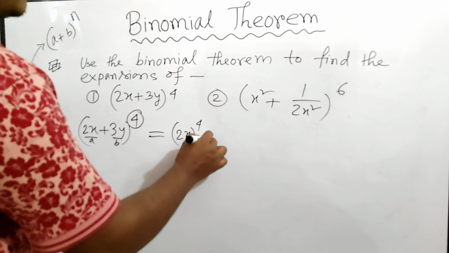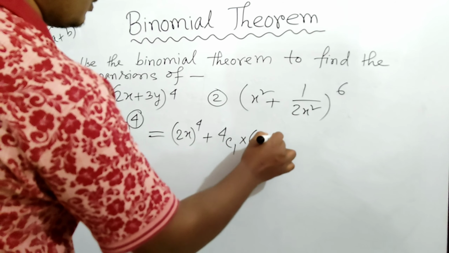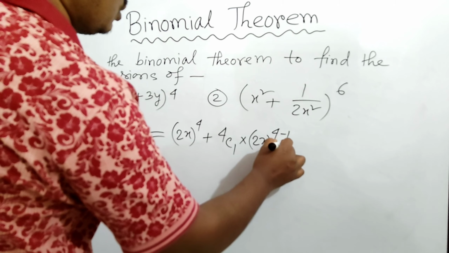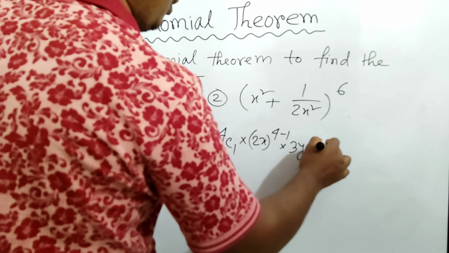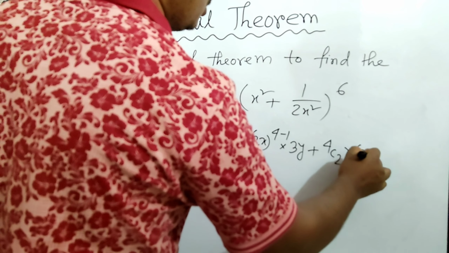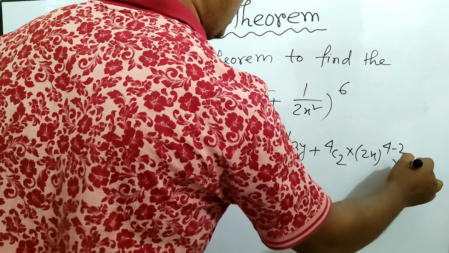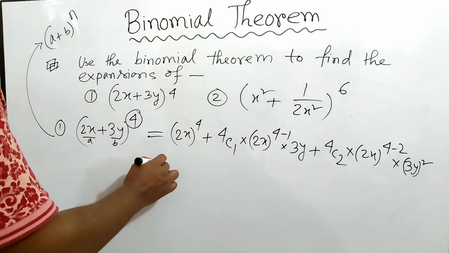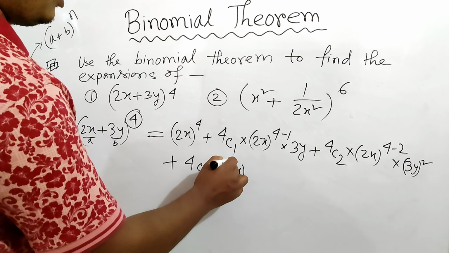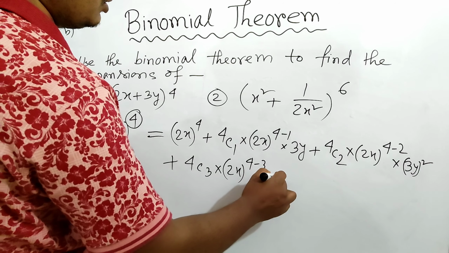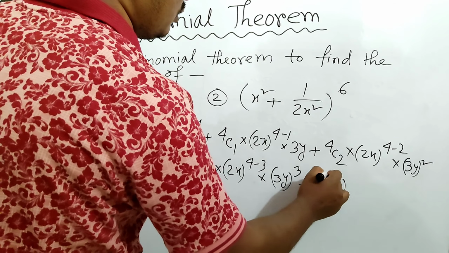that is 4, plus NC1, that is 4C1, multiplied by 2x to the power 4 minus 1 into b, that is 3y, plus 4C2 multiplied by 2x to the power 4 minus 2 multiplied by 3y square, that is b square, plus 4C3 multiplied by 2x to the power 4 minus 3 into b cube, that is 3y whole cube, plus 3y to the power 4.